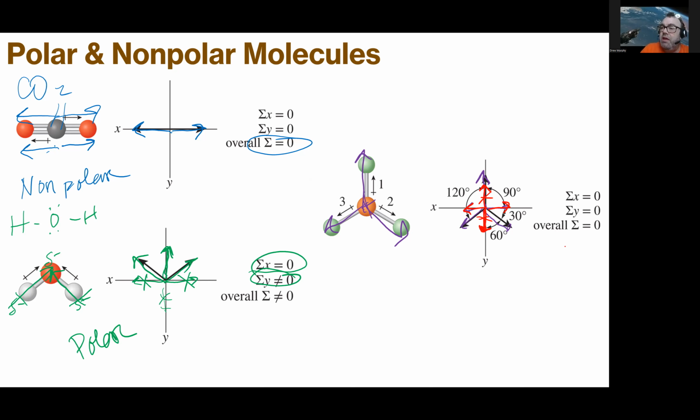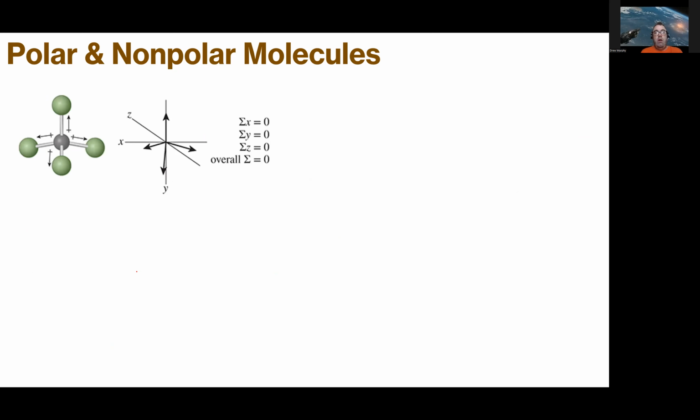So here everything is 0 again, and this is non-polar. Really what we're seeing here is you can have polar bonds and be a non-polar molecule as long as all of your vectors cancel out. If you have any left over, here's our leftover dipole moment, anything left over is going to mean that molecule is polar.